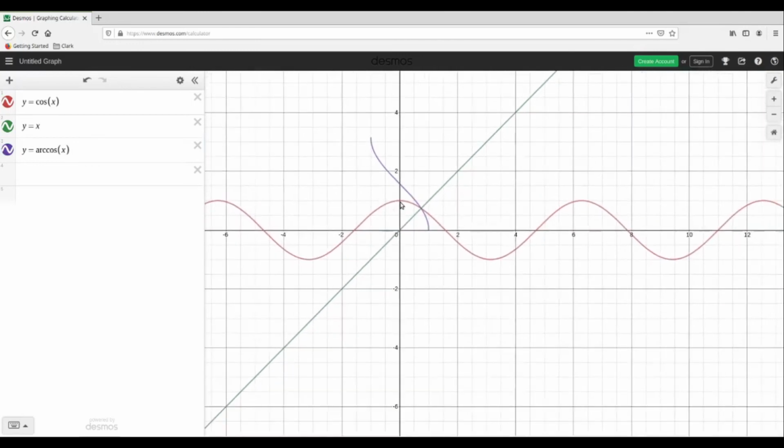The cosine function is decreasing from 0 to pi right here, and when we reflect this along the line y equals x, we get that the inverse function has a domain from -1 to 1 and goes from 0 up to pi right here.